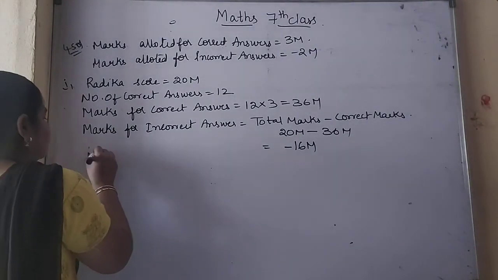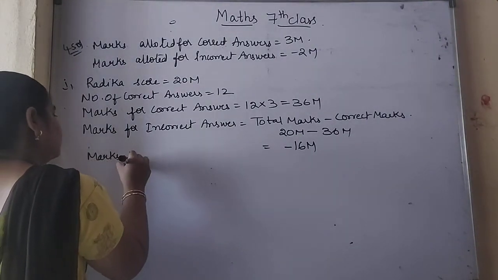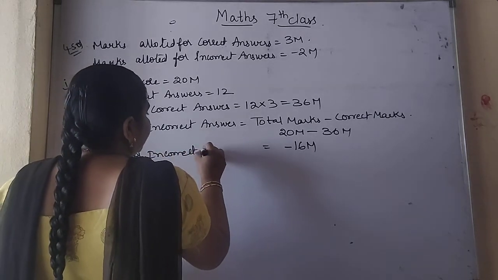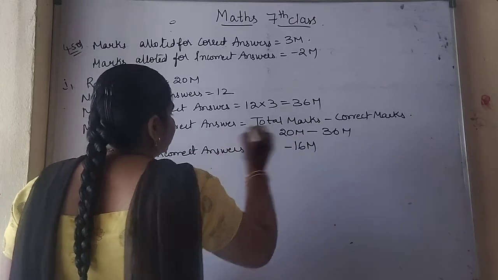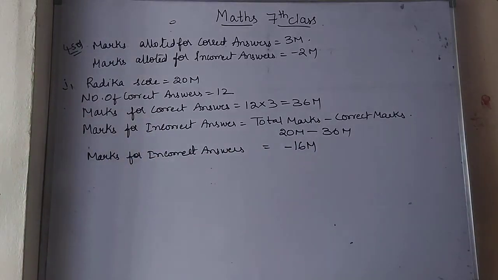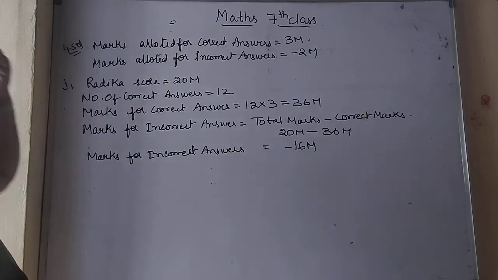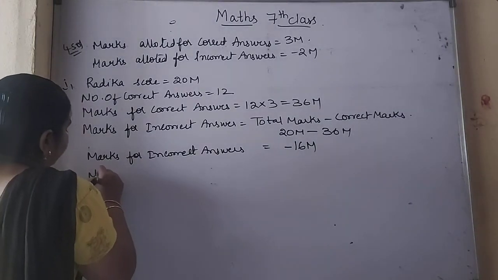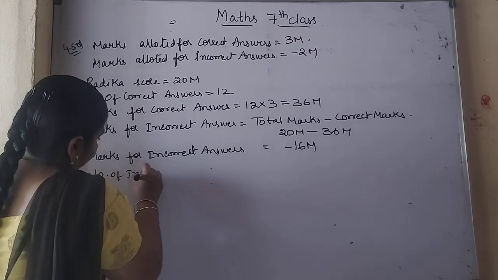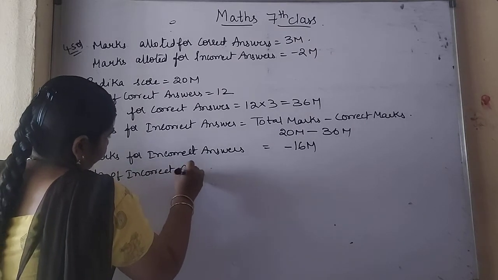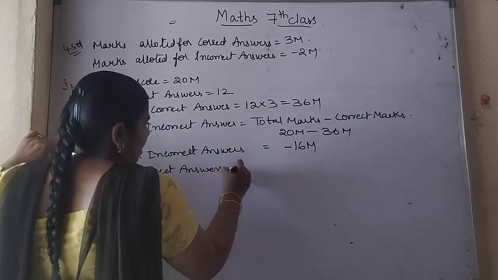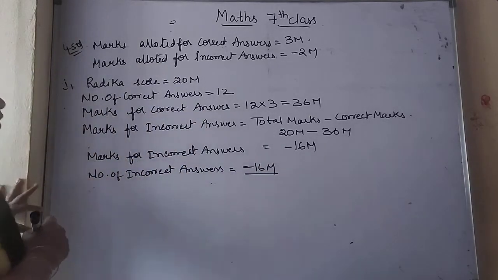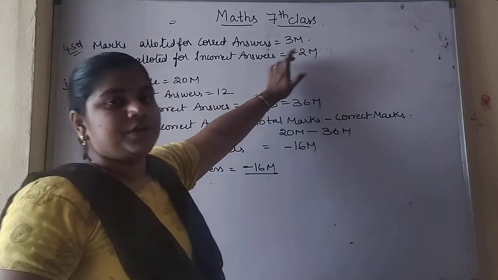So marks for incorrect answers, how many marks did she get? That is minus 16 marks. Now what we have to find? We have to find how many incorrect answers she has written. So number of incorrect answers is equal to minus 16 marks divided by, for every incorrect answer how many marks they are deducting?